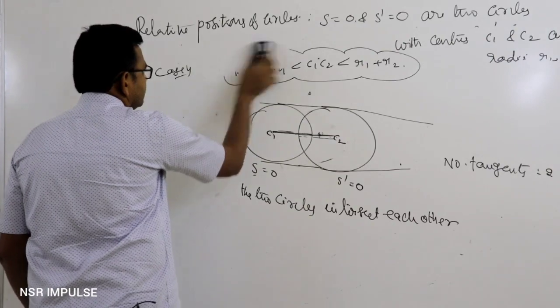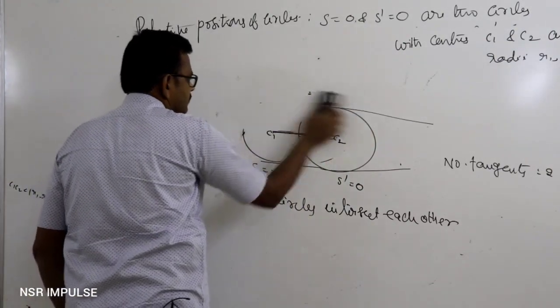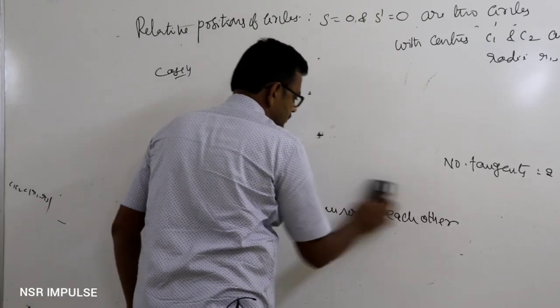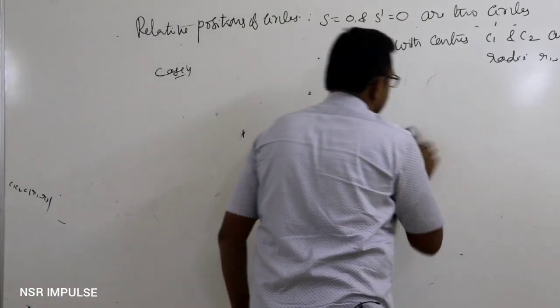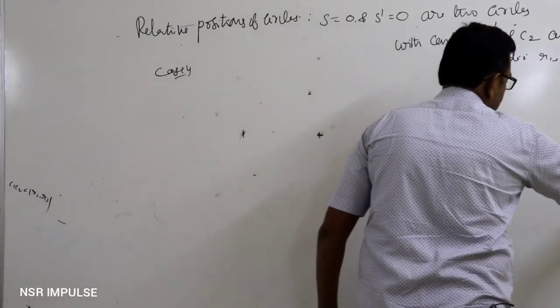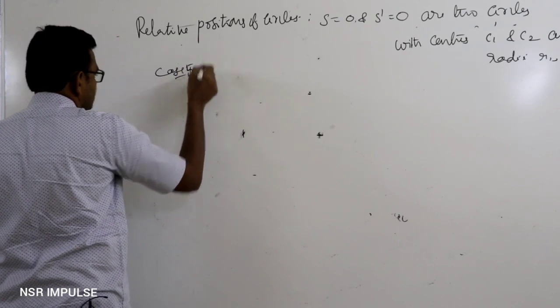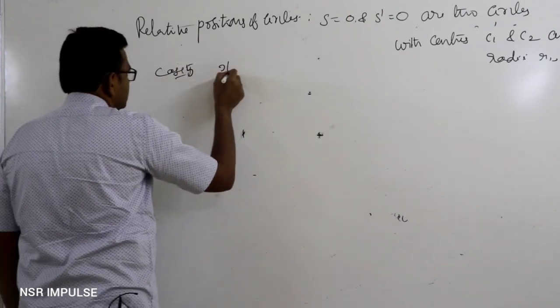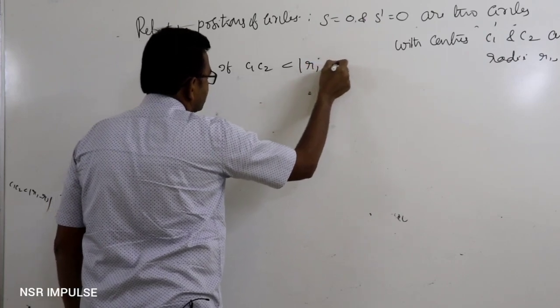Next, case 5. If C1C2 is less than mod of R1 minus R2.